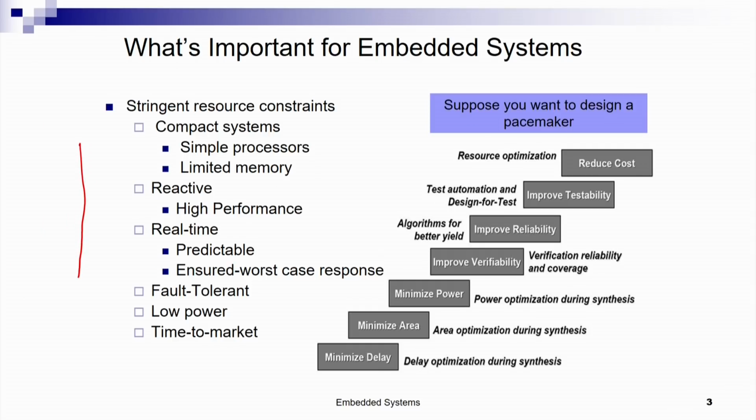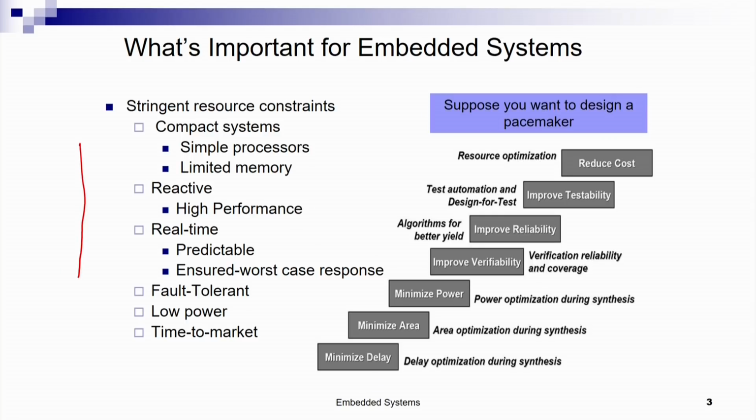So, it cannot be very complicated. Many a times it may have simple processors, limited memory, within which I have to meet the performance criteria such as minimize delay as well. It has to be reactive, meaning high performance, minimize delay. So, many embedded systems need high performance.